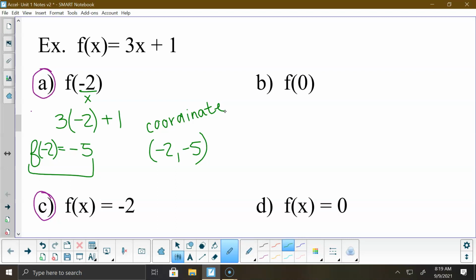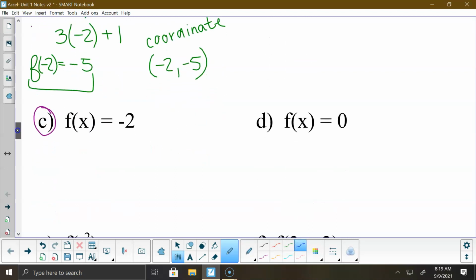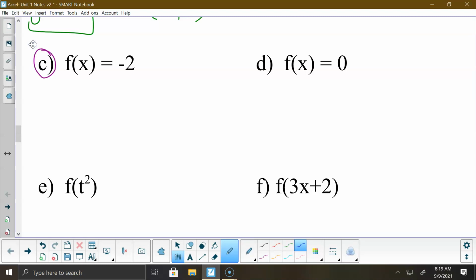All right, so we're going to use that same function for C. On C, though, what am I given? The y. So, remember, my function was f of x equals 3x plus 1. All right, I am going to replace this f of x right here with the -2.